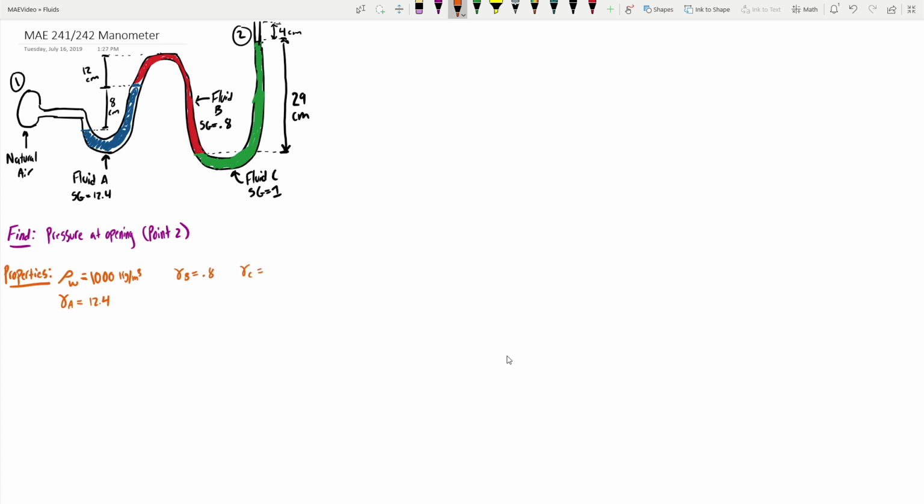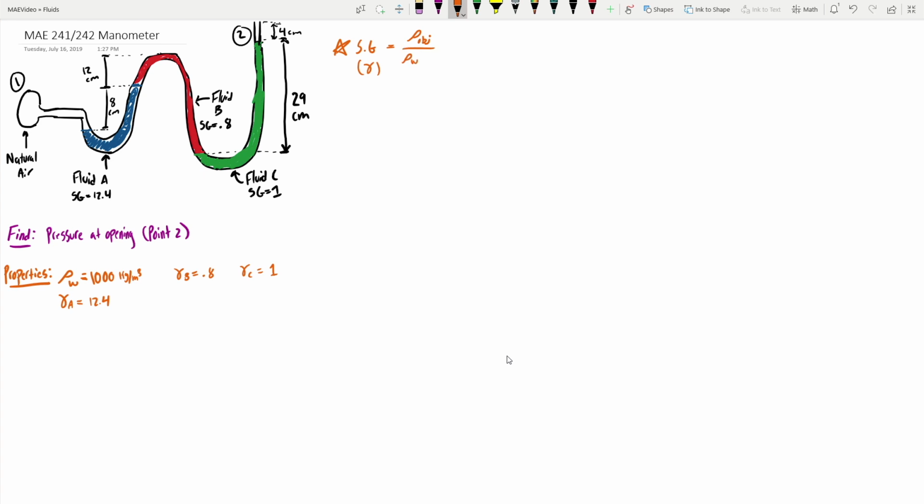Specific gravity of C is 1. And we actually have an equation as well. Let us recall the specific gravity equation, which is simply the density of whatever object you're interested in divided by the density of water.